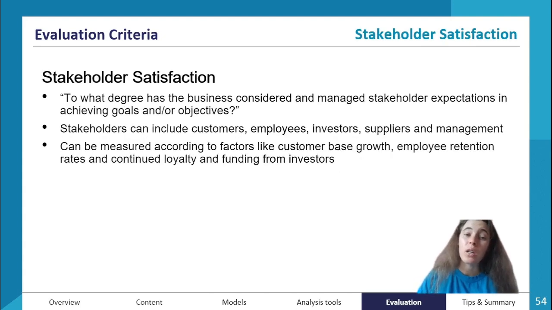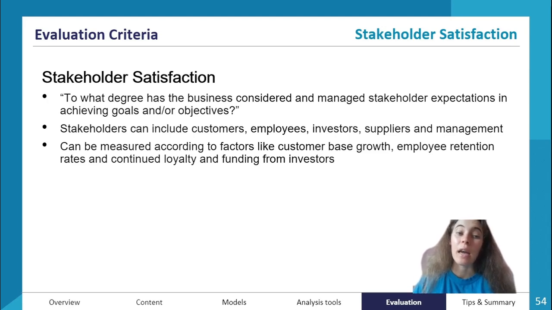Stakeholder satisfaction is about the level that the business has considered and managed stakeholder expectations in achieving goals and objectives. Now, these definitions that we've got here are all from the syllabus. I recommend you go to the syllabus to have a look at the glossary if there's any terms that you aren't sure about.